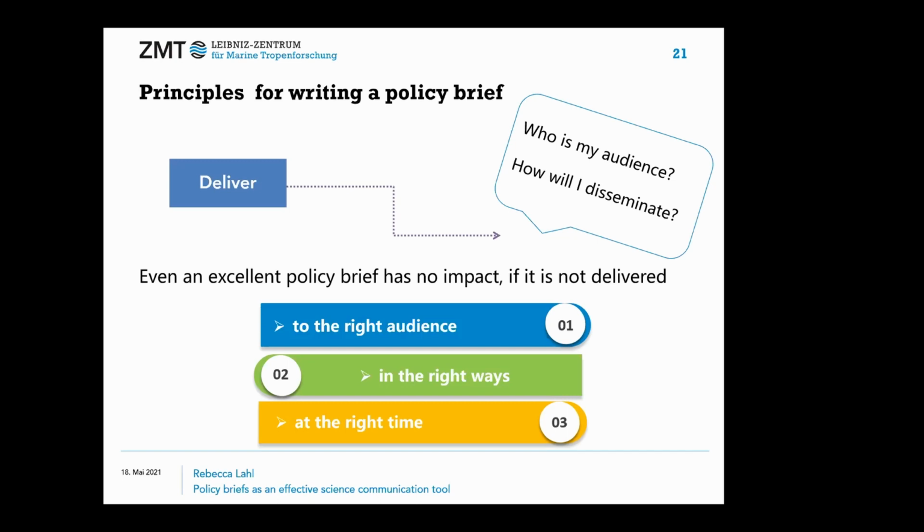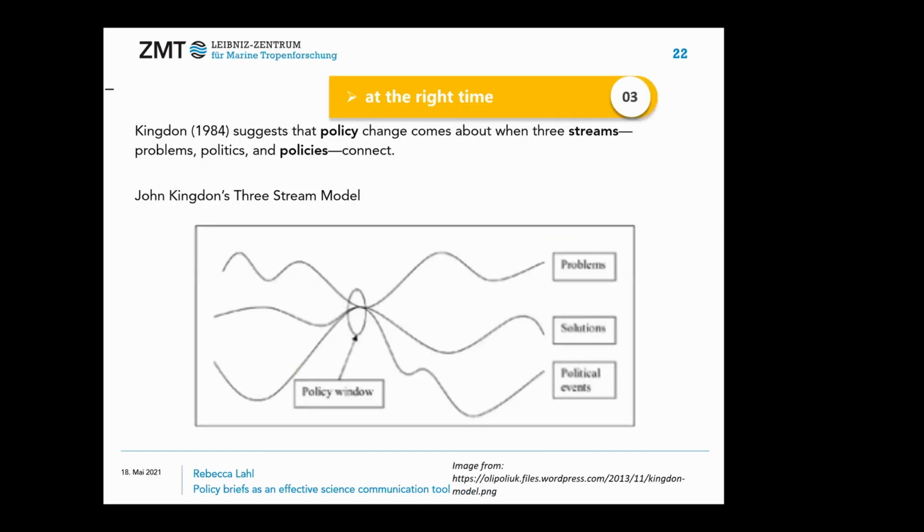publish your policy brief. Wanted to come to a little bit of theory about the right time. Kingdon in 1984 developed this three-stream model. It suggests that policy change comes when these three streams of problems, solutions and political events come together, when they connect.